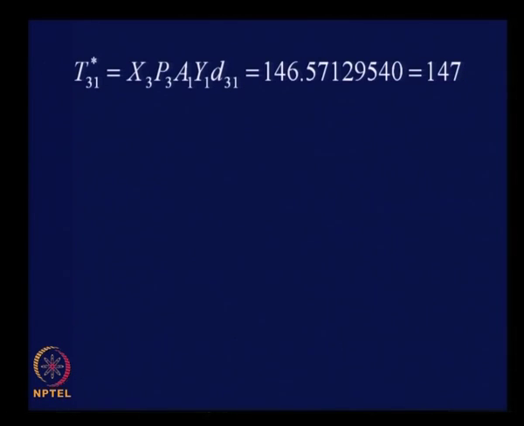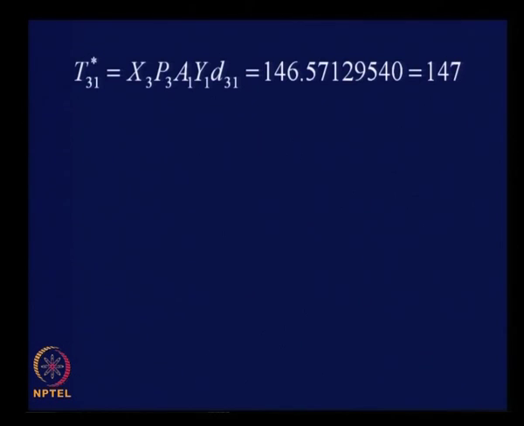The only thing is to emphasize the point that we cannot have fractions in the final result. I have rounded off the value to the nearest whole number. We are getting 146.57129540 and so on, and we just round it off to 147.